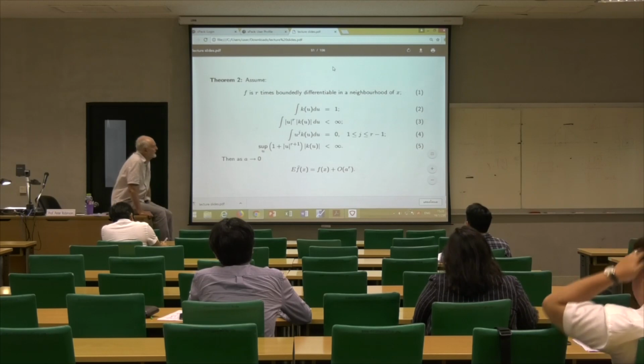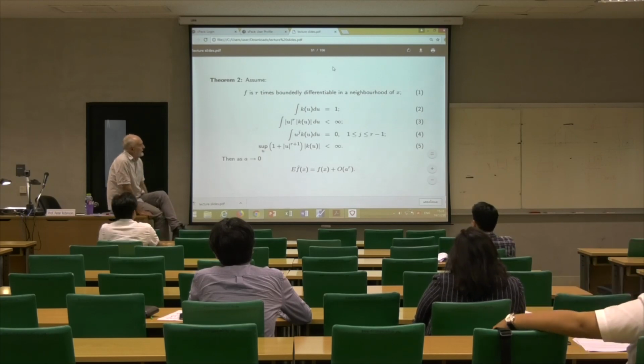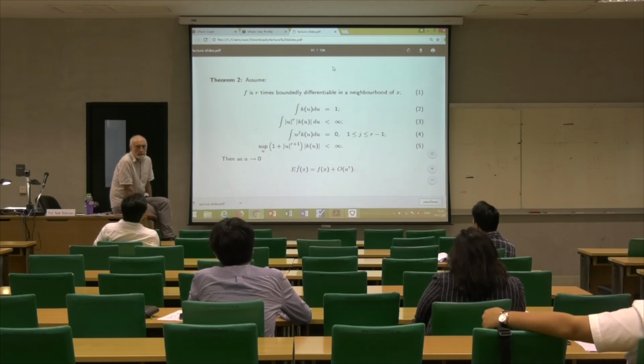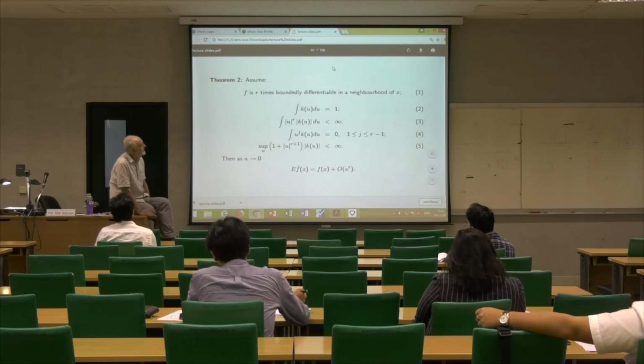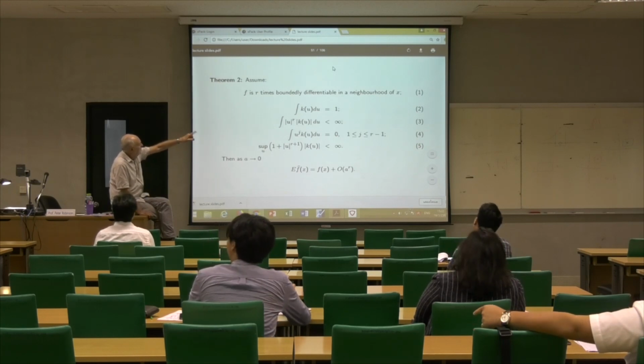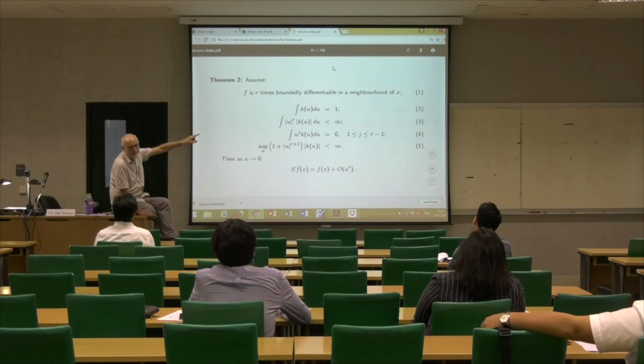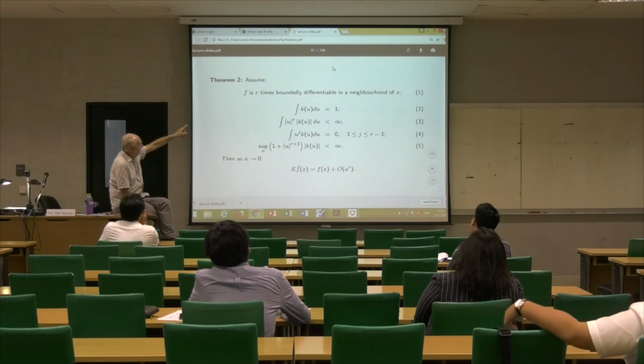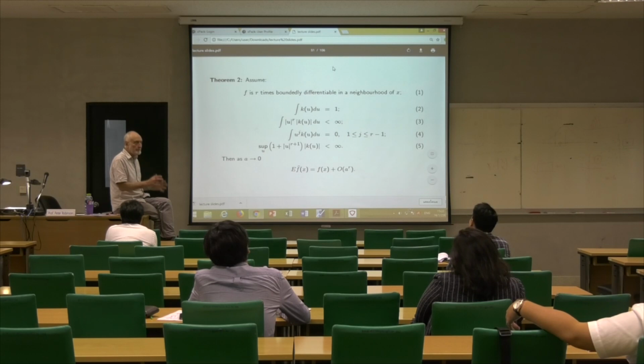So we might think, I want to get some stronger results, and to get these, I'm willing to impose some stronger conditions. So you're saying it's R times differentiable, at a particular x point. So the larger R is, the stronger the property.